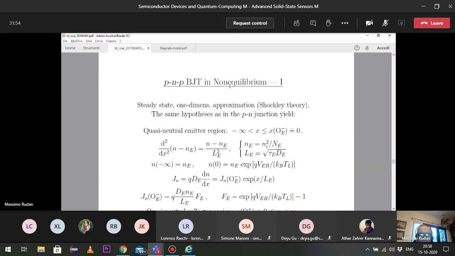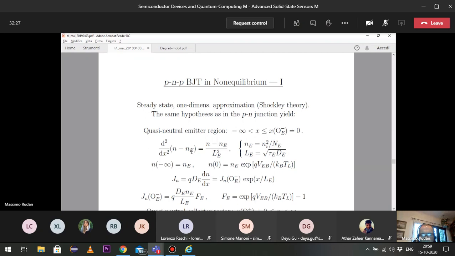So x goes from minus infinity, which is the asymptotic condition on the left, to the position of the edge of the space charge region, that we take as 0, as we did in the PN junction. We change slightly the symbol, so instead of writing N_P0, we write N sub E. That means the asymptotic minority carrier concentration of the emitter.